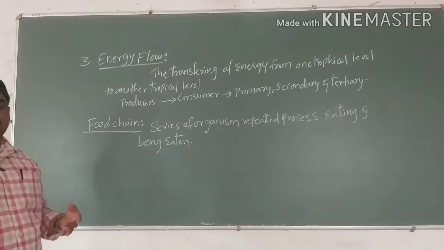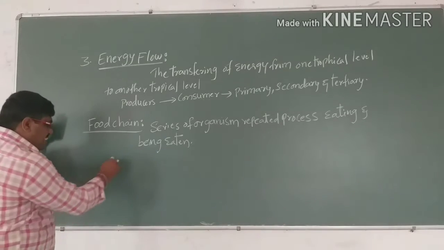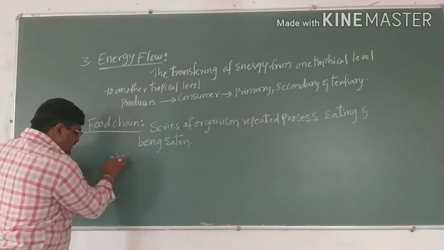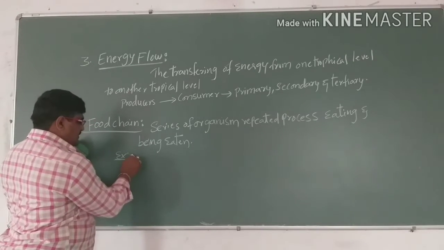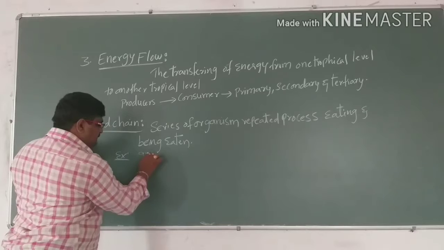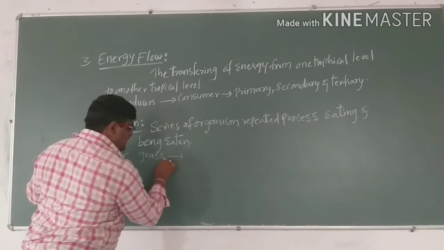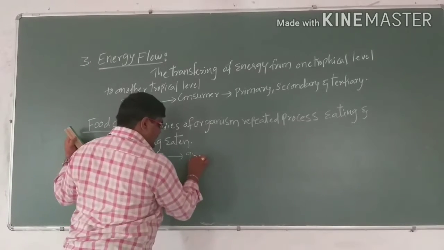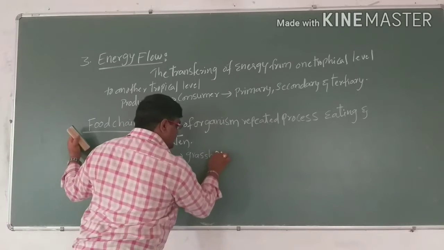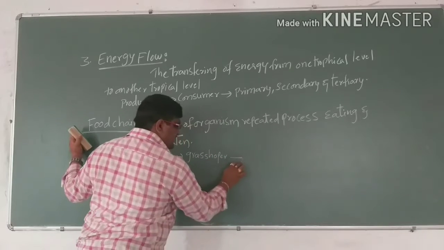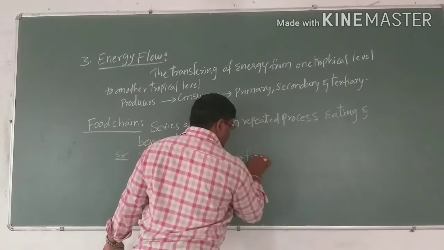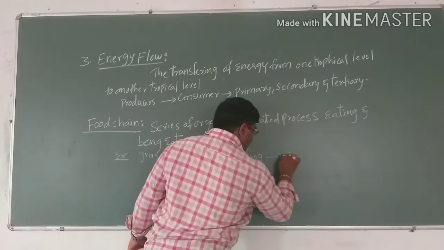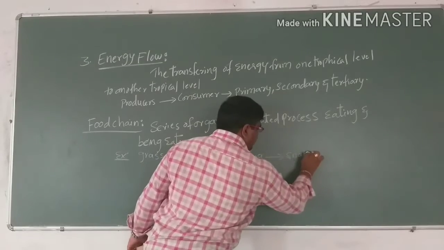For example, take grass. Grass is eaten by a grasshopper, the grasshopper is eaten by a frog, and the frog is eaten by a snake.